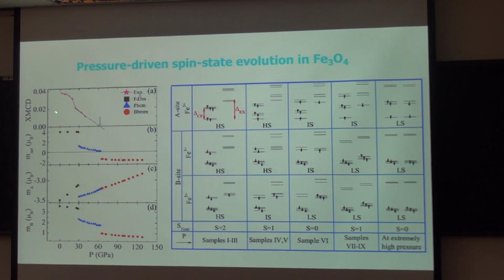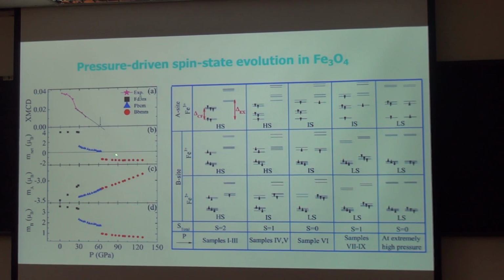Theoretically, we can identify this rapid decrease in magnetization as associated with the phase transition from the ambient pressure phase to the high pressure phase, which are labeled by black and blue dots respectively.